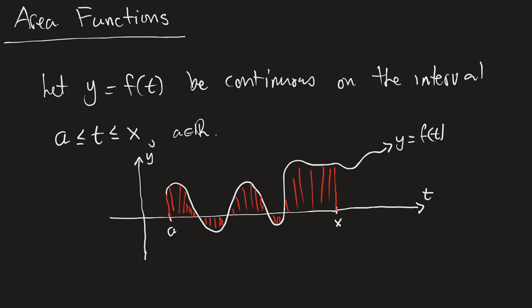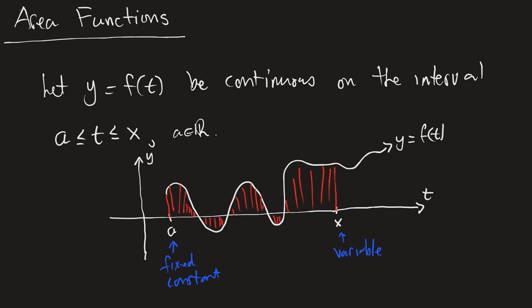But the thing is, again, let me highlight this. This lower limit is a fixed constant. This is a variable, right? So the lower limit is fixed, the upper limit is variable.